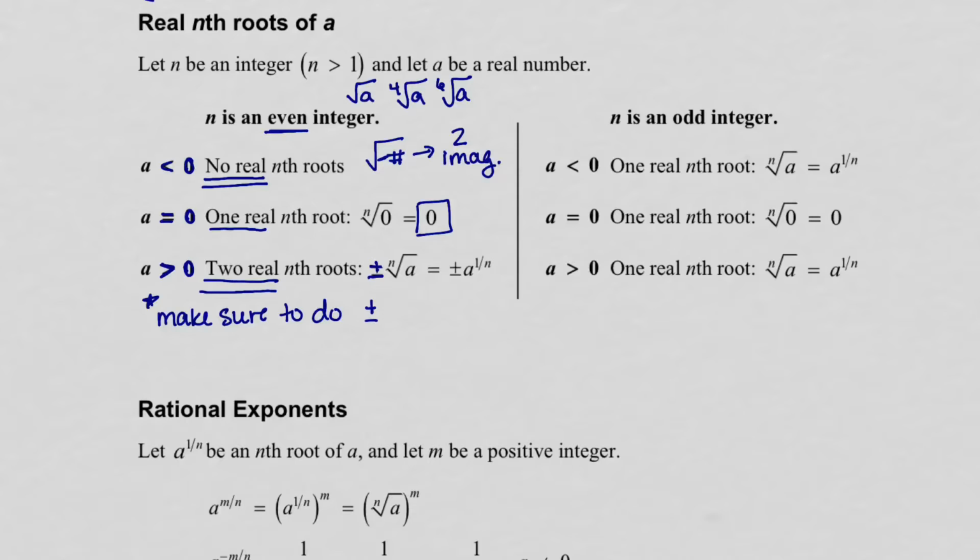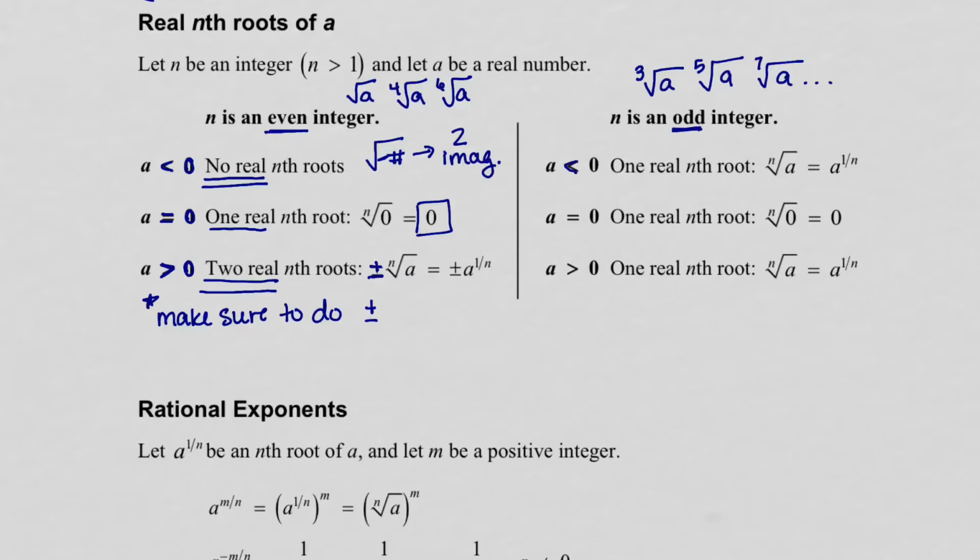Now the other situation we might come into is when n is an odd integer. So what does that look like? Well, it could be the 3rd root, it could be the 5th root, it could be the 7th root, and that you can just imagine goes on and on, as long as they are odd integers.